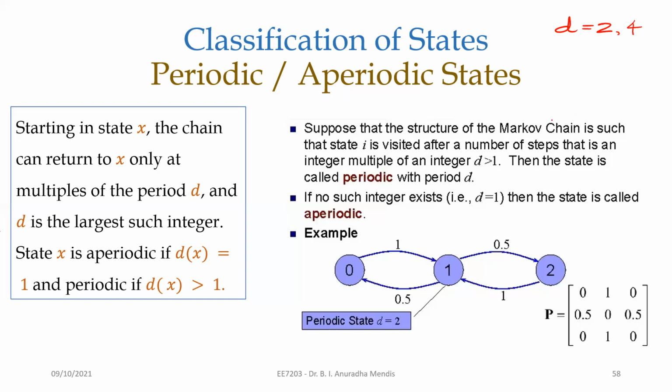Are there any possibilities? If you are at state 0, how are you going to come back to the same state? Either you go to 1 and then you can come back. There are 2 steps, d equal to 2. Or there is a possibility you go to 1 and then go to 2 and then 2 to 1 and then 1 to 0. There are 4 steps.